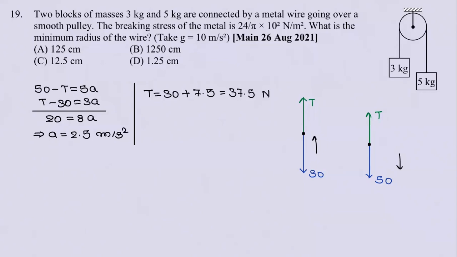So that breaking stress is equal to force by area. That force is nothing but tension T. So breaking stress, 24 by pi into 10 power 2, is equal to force. Force is 37.5.